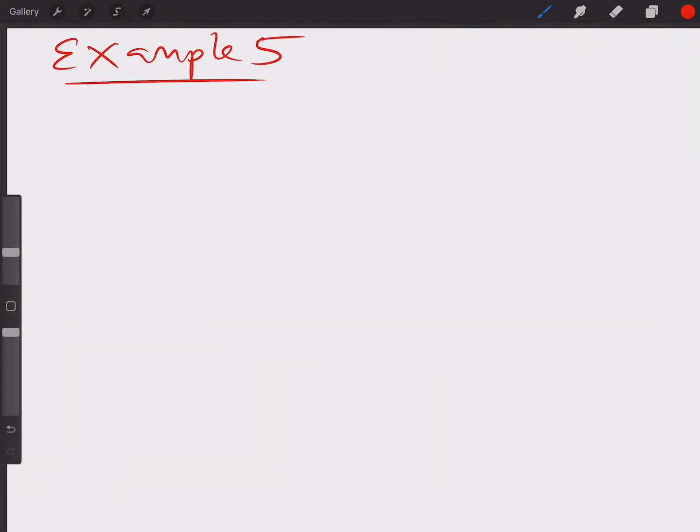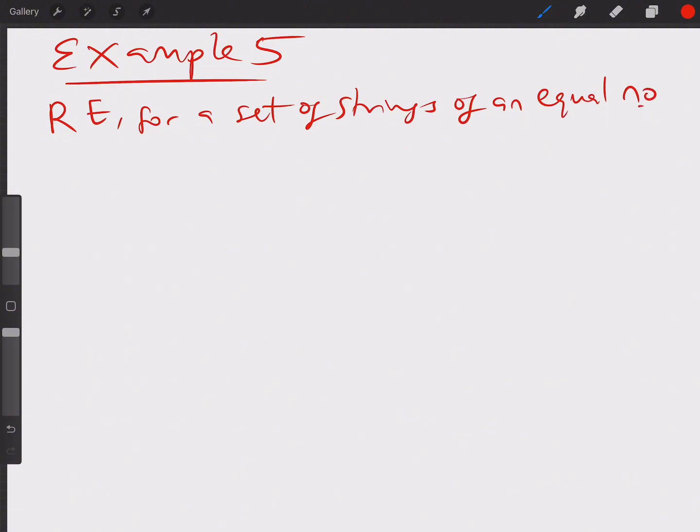Now say we have a regular expression, God have mercy, for a set of strings of an equal number of zeros and ones. This is the alphabet.